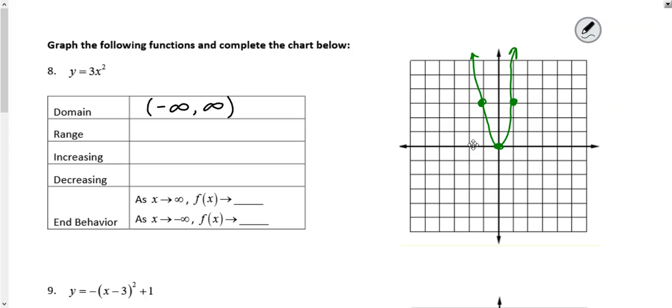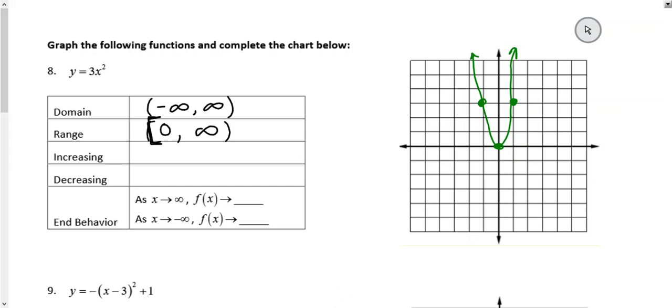So the farthest down this graph goes is at the y value of 0, comma, the farthest up it goes, since we have the arrows, it's going up forever, so we would say infinity. Infinities always get parentheses, 0 gets the bracket because it's a number.